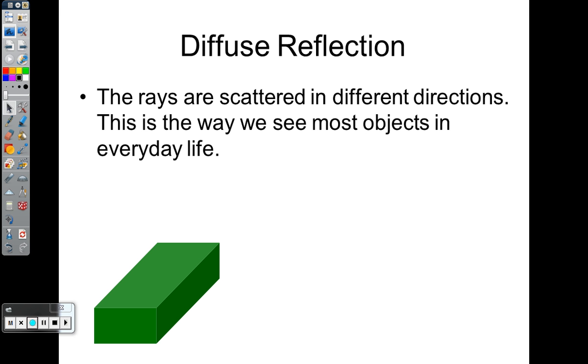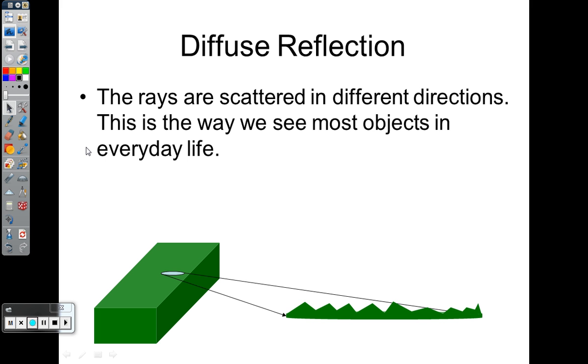So if I have this green block and I magnify the surface of that green block, it might look like that. Just looking at an angle of the surface, we have all these peaks and valleys. It is not a smooth surface.